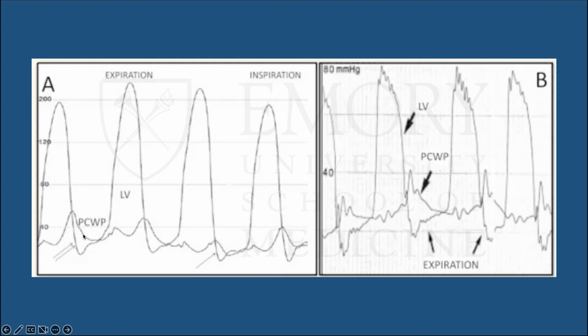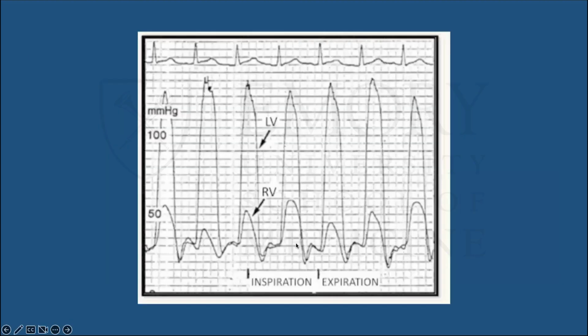And in this patient, you can notice that the amount of this gradient actually decreases with inspiration. And so when that patient is taking that deep breath in, your left atrial pressure is dropping to some extent, and the LV pressure is not as affected. And so that area under that curve there is not as great. And so you have impaired filling essentially.